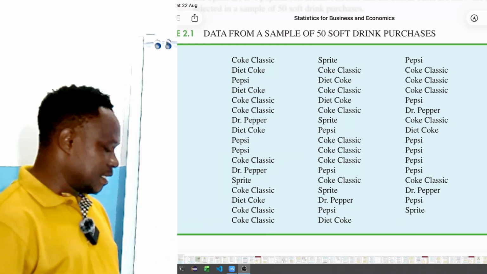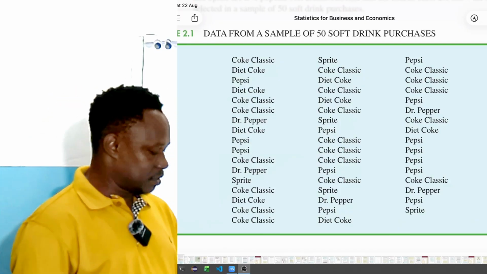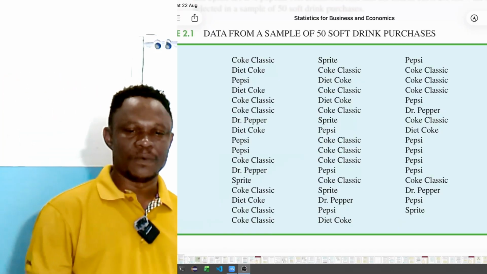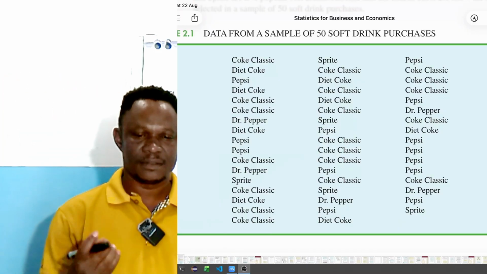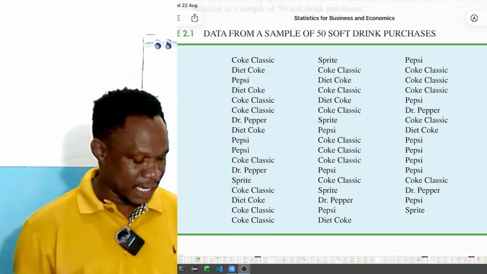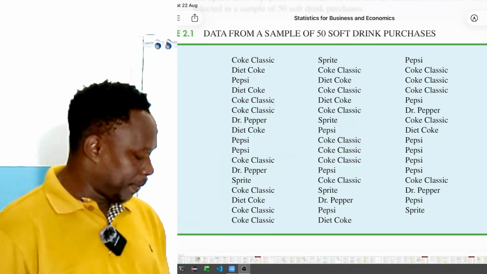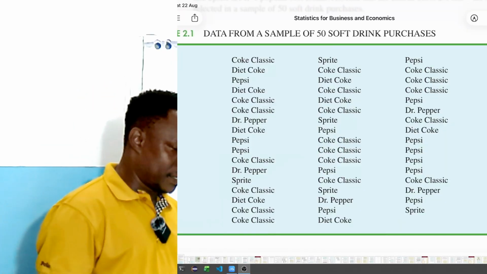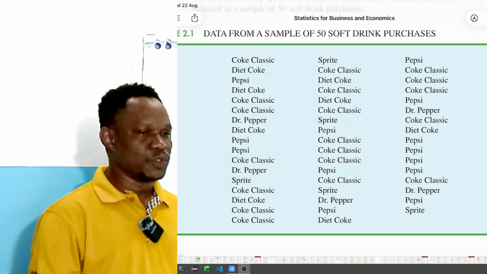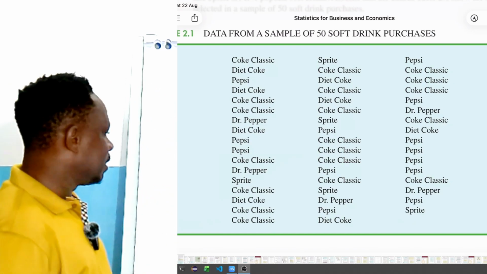As you can see, these are categorical data; each soft drink could belong to only one particular type. It could be a Coke Classic, a Diet Coke, a Pepsi, Dr. Pepper or Sprite. So one of those. Then how do we really make sense out of this data?